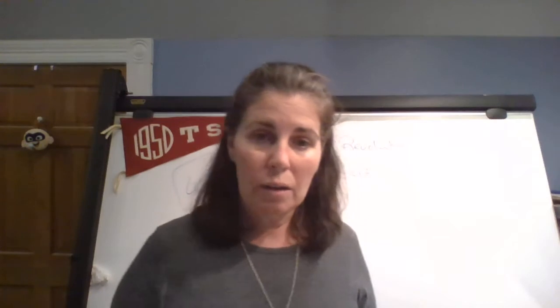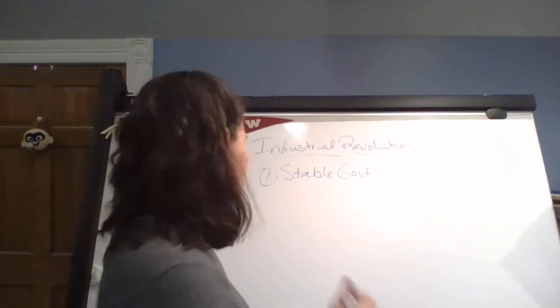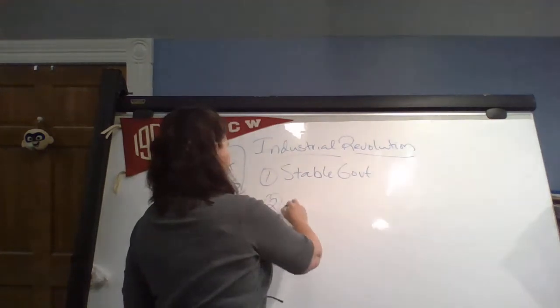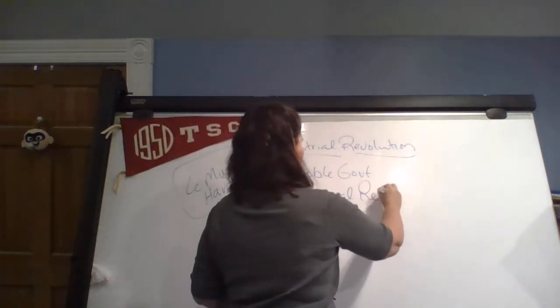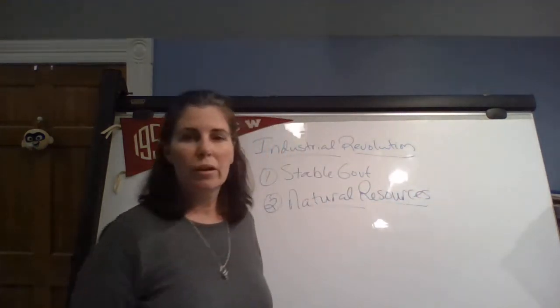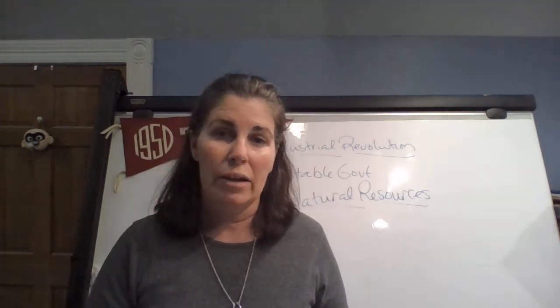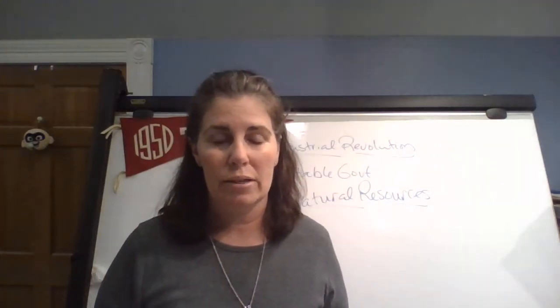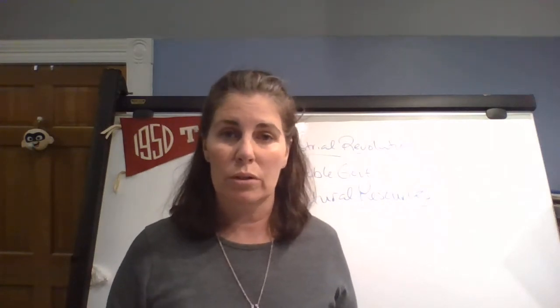Okay. Now the second piece that everybody in the world has to have is natural resources. You've got to have abundant natural resources to be able to have that industry, have those factories and that type of thing. Now think about the things you learned last week about natural resources.